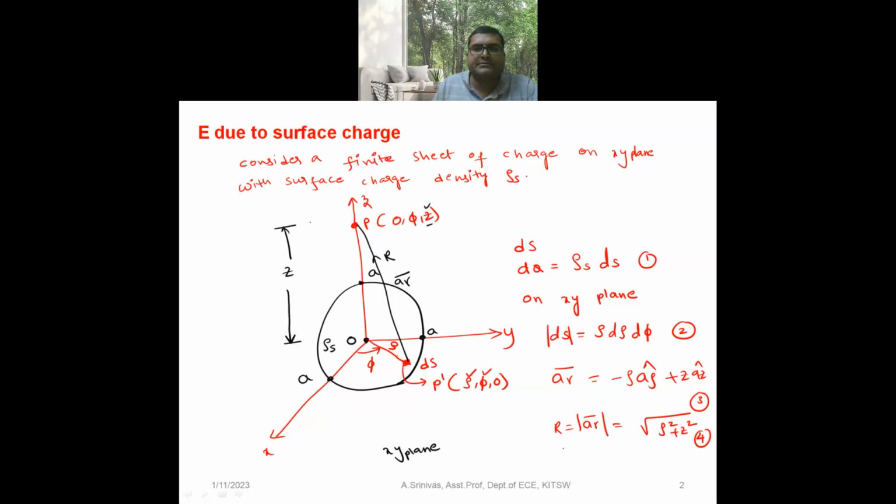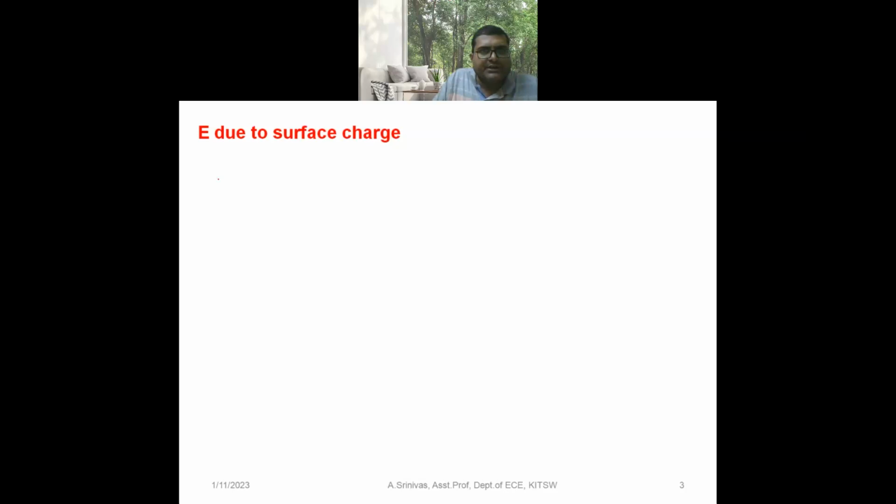Refer to the equation. Now the differential electric field due to the charge at the differential surface is given as modulus of dq by 4 pi epsilon r cube.